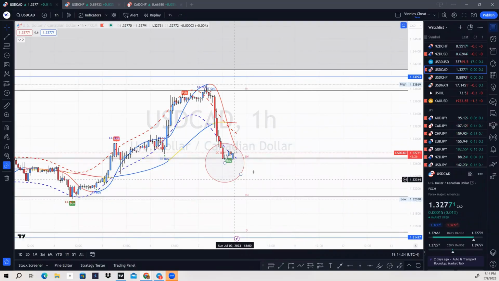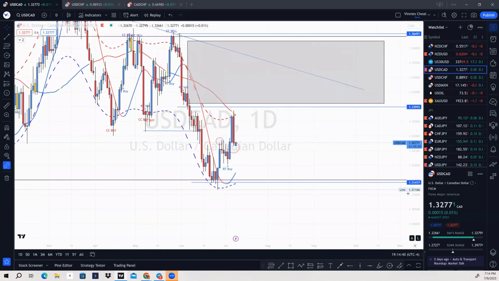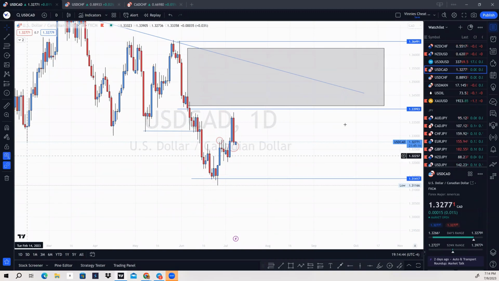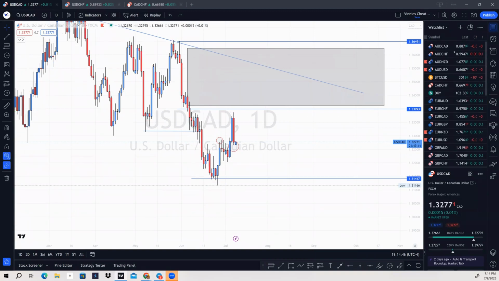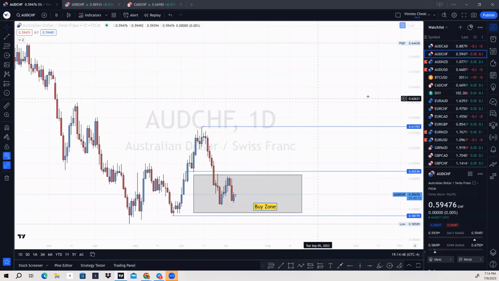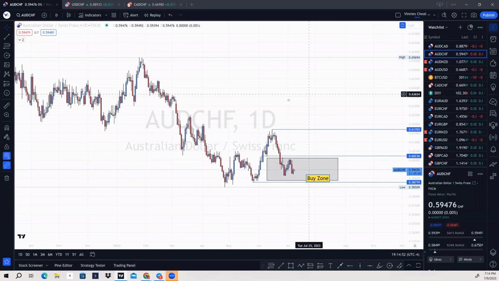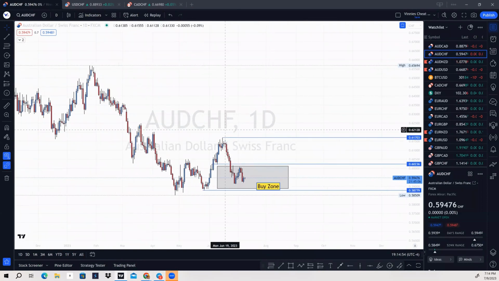Next pair I want to look at, guys, is going to be, go to the daily time frame, and we're going to take a look at AUDCHF. All right, AUDCHF. Looks like price has come to a demand zone.